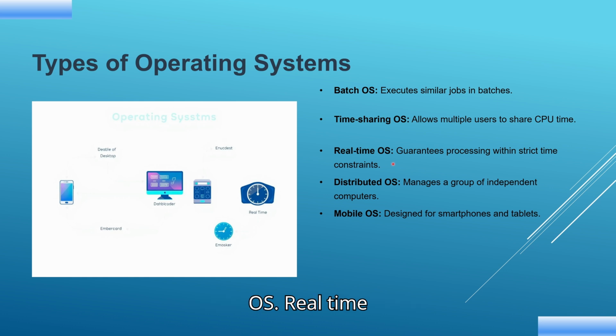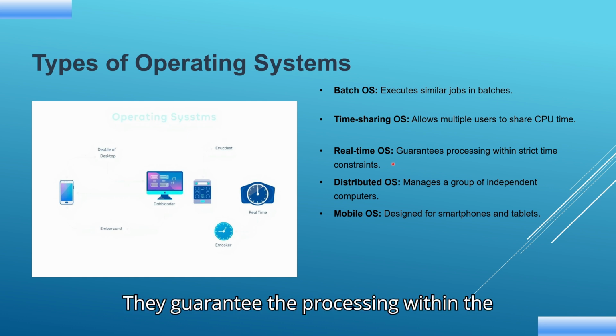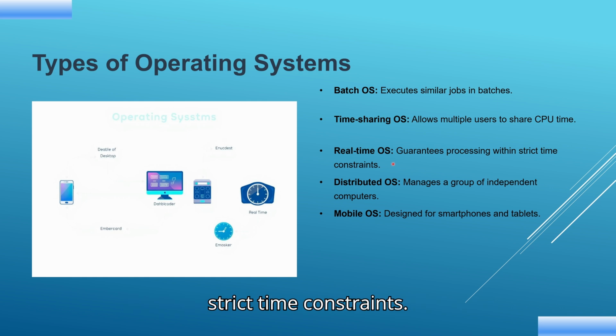Real-time OS. Real-time OS guarantees response times. They guarantee processing within strict time constraints. They are used mainly in medical, industrial, and automotive systems. Then there is distributed OS.